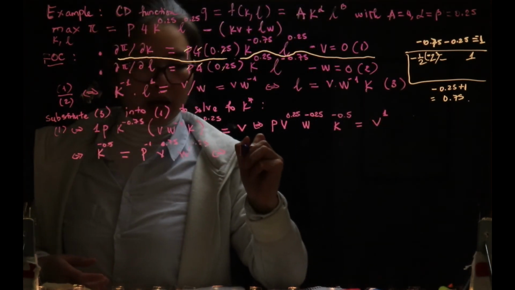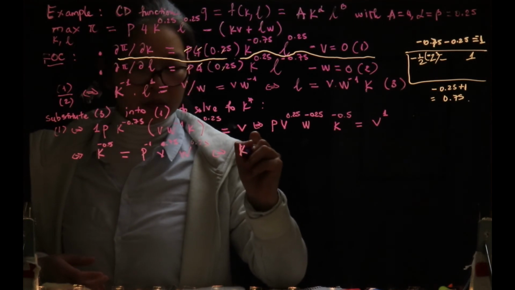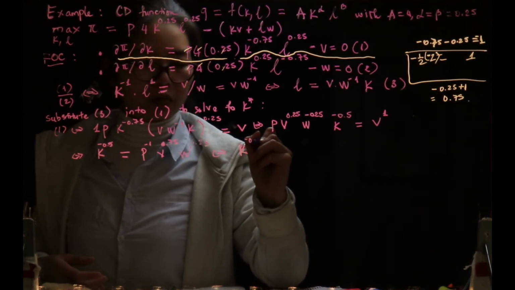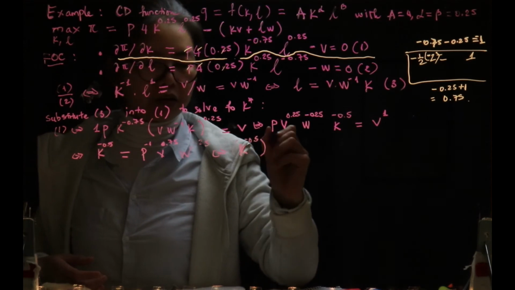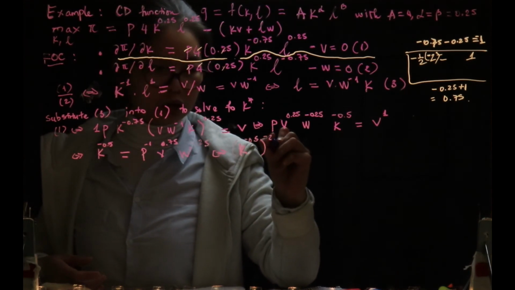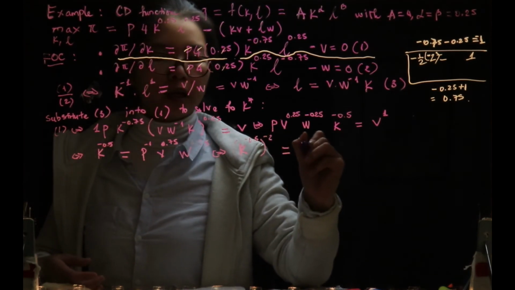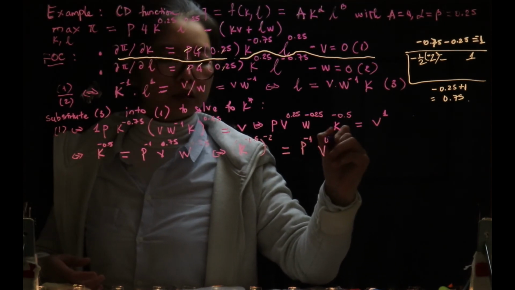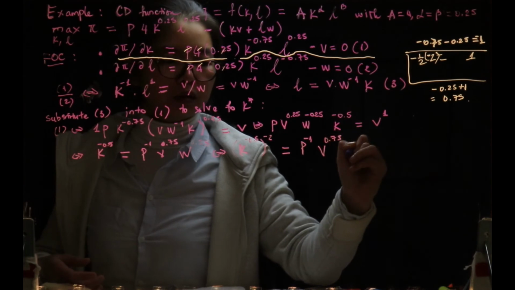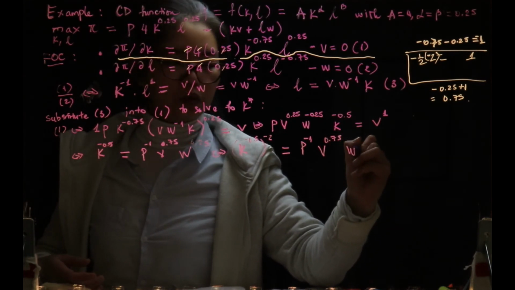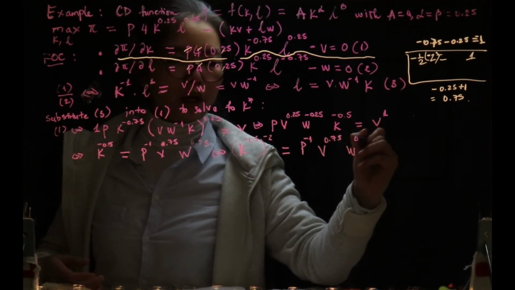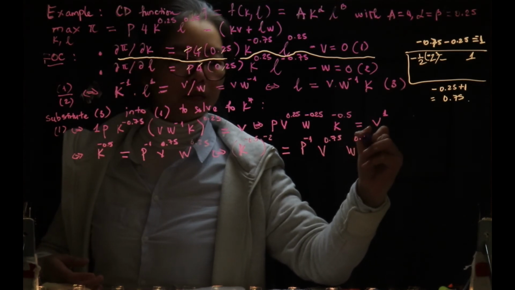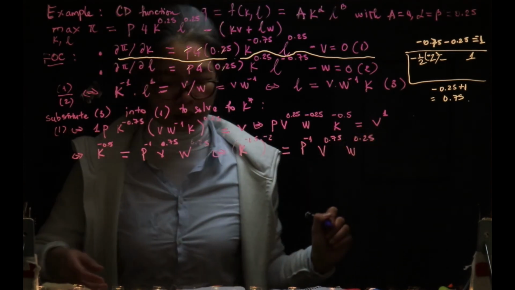We have K to the power of minus 0.5, raise everything to the power of minus 2, equals P minus 1 V 0.75 W 0.25, right?